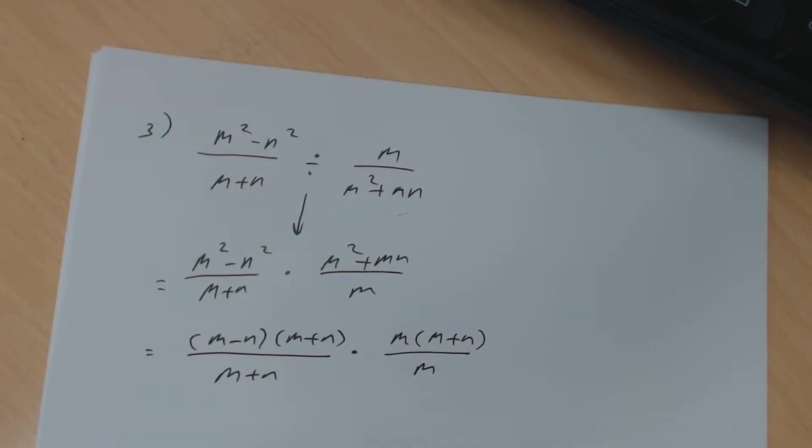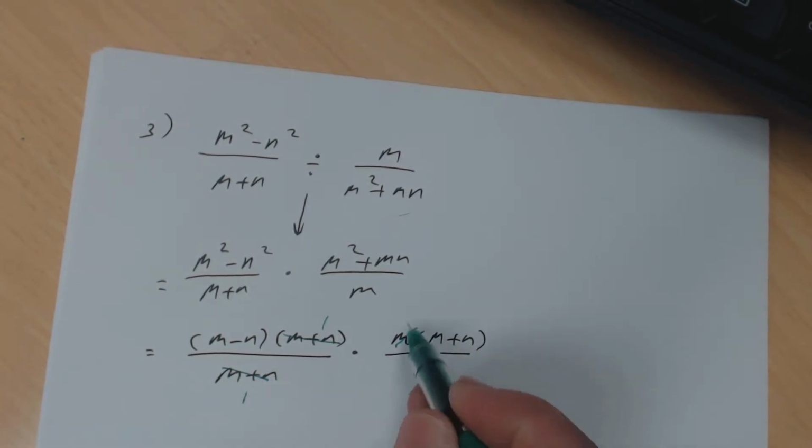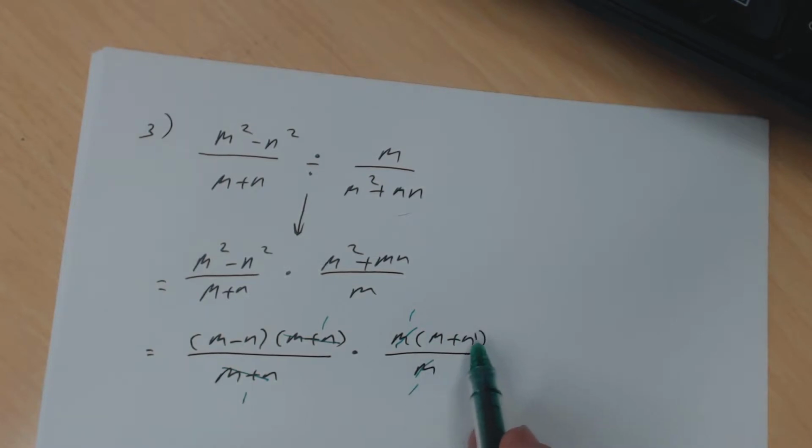All right, now it's time to simplify. I have a factor of m minus n here. I don't have any down there. I have a factor of m plus n here. I have one right here, so I can divide those out. You have ones in their place. I have a factor of m here. I have one down there, so those divide out. I have a factor of m plus n here.